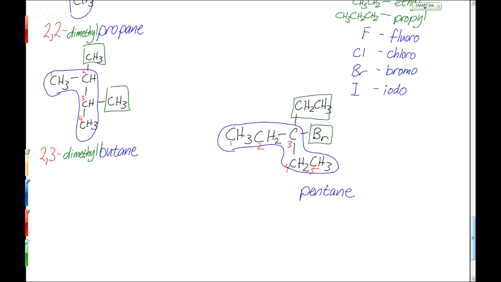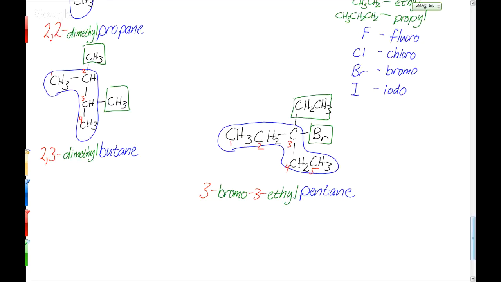Same thing. So that means we have ethyl and bromo as the substituents. The way we write that is we write 3 bromo and then 3 ethyl.